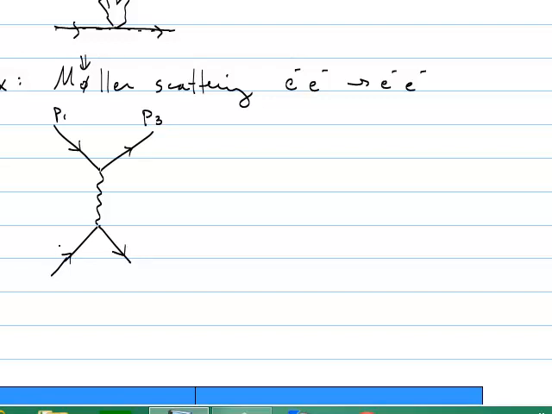Another electron comes in with momentum p2 and leaves with momentum p4. Then enforcing momentum conservation, the photon that is exchanged between them must have momentum p3 minus p1.